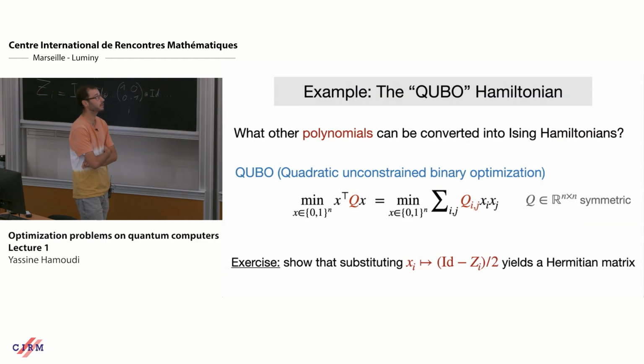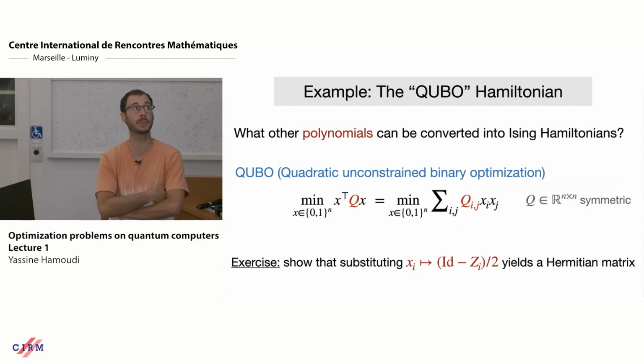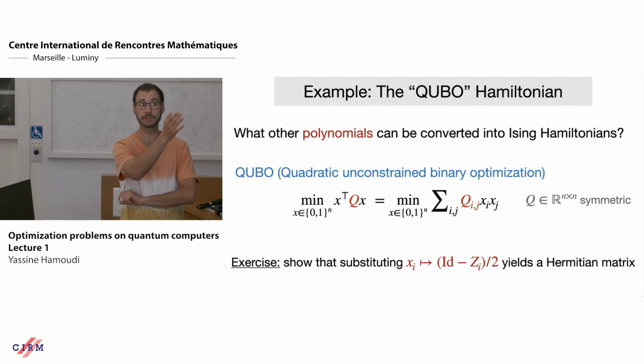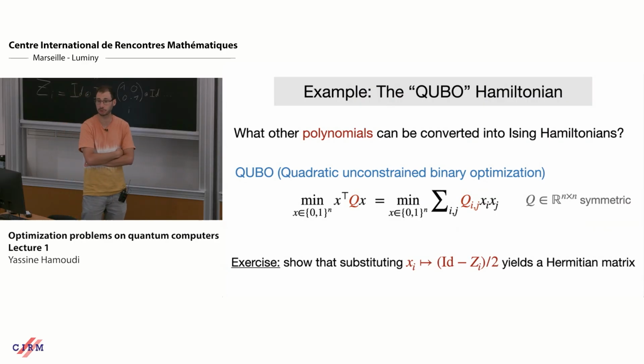It turns out that there is a large family of problems which can be encoded that way. These are the so-called QUBO problems. So you want to minimize some quadratic polynomial which is given by some symmetric matrix Q. And if you just replace the variables with the right Pauli matrices, then the ground state would give you the minimum of your QUBO problem.